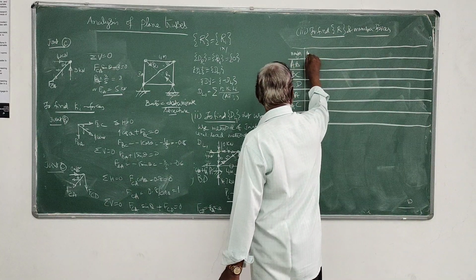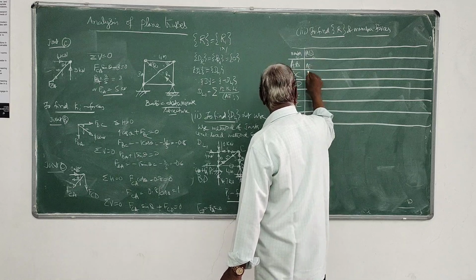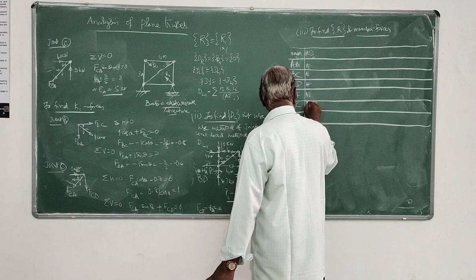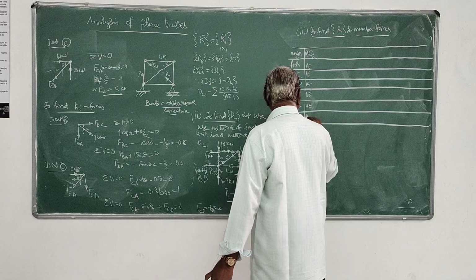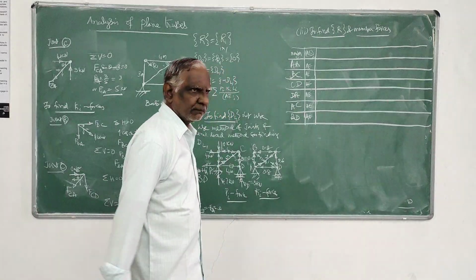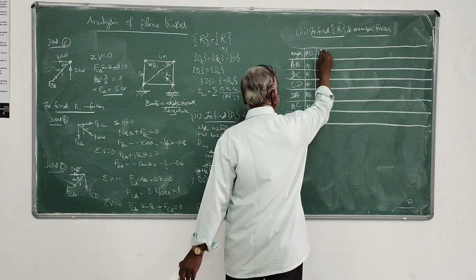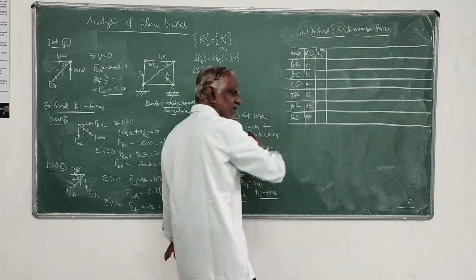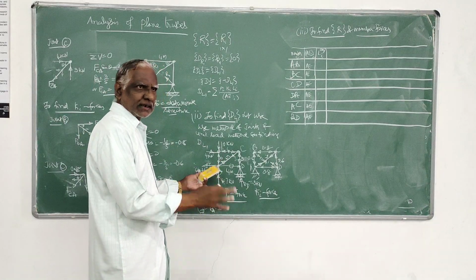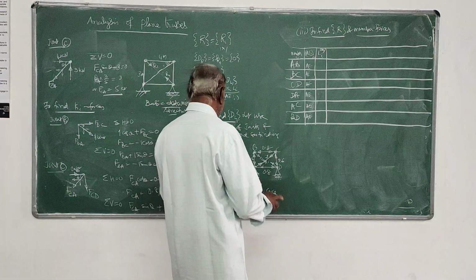Then I will write the EI value, that is the same EI for all members. If it is different, then you will write that particular value for each member, whatever is given. Then write the length of each member in meters. All should be in consistent units. If it is meter and kilonewton, length also should be in meter and force should be in kilonewton.